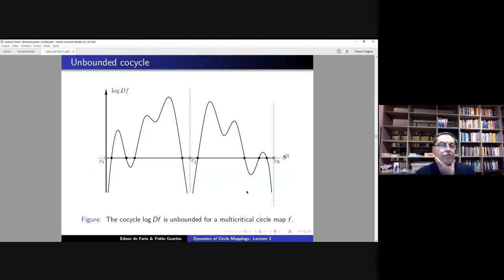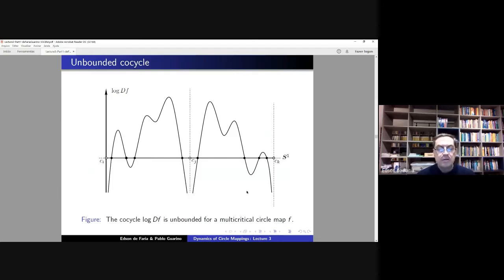So here is a picture of the logarithm of the derivative of the map F, of this multi-critical circle map. In this case, there are like 3 critical points. They are denoted c_i, c_j, c_k. I mean, I'm using a picture that was drawn for other reasons, not for this particular reason.